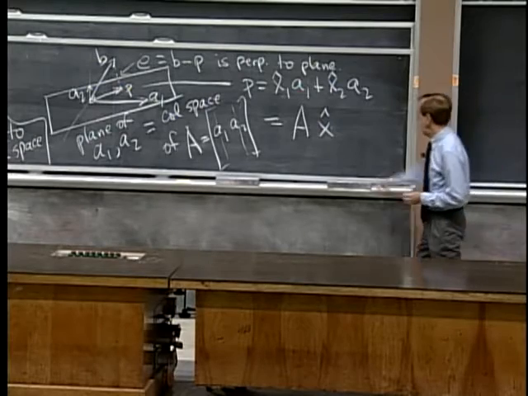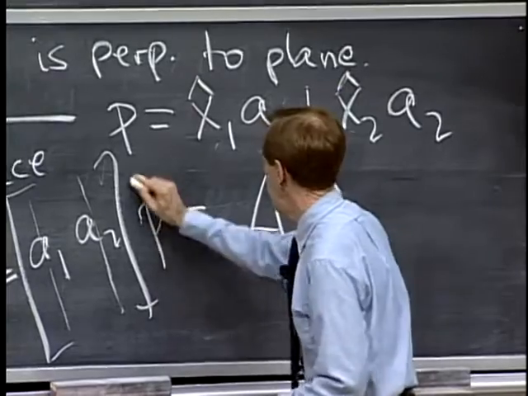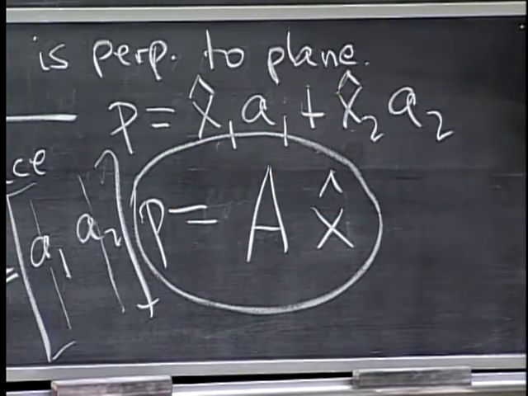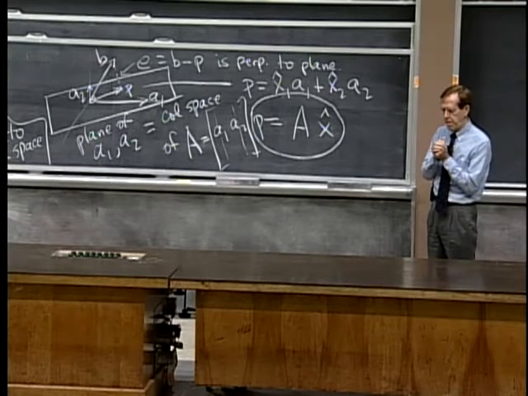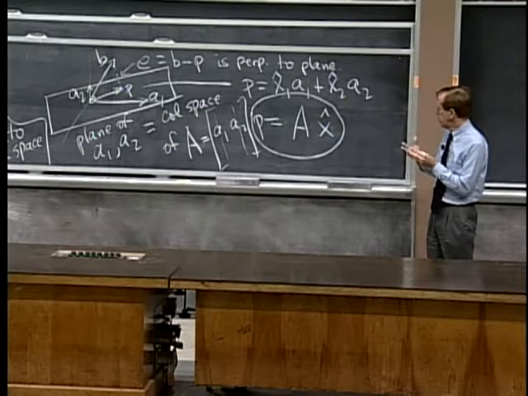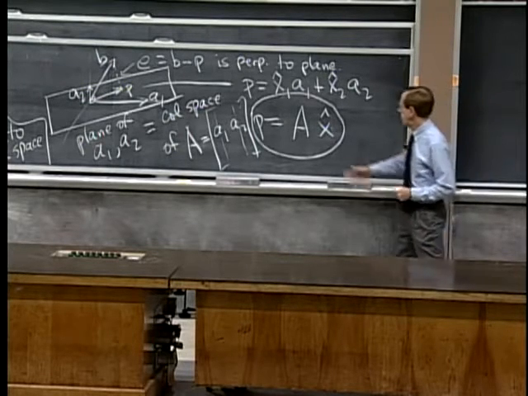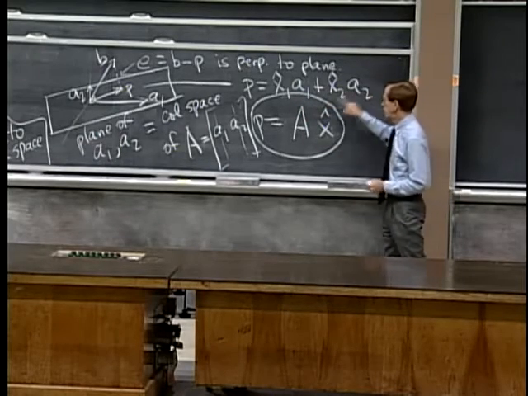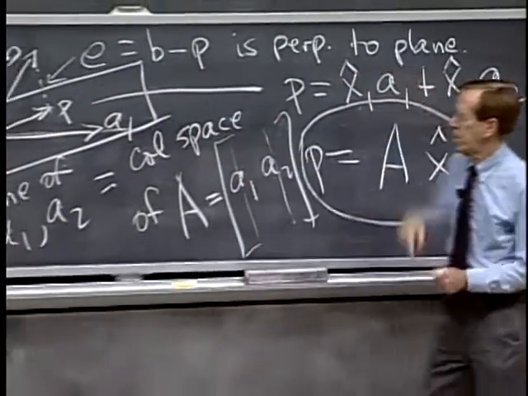So this is the projection, P. P is A x hat, and I'm looking for x hat. So that's what I want in an equation. So now I've got hold of the problem. The problem is find the right combination of the columns so that the error vector is perpendicular to the plane.